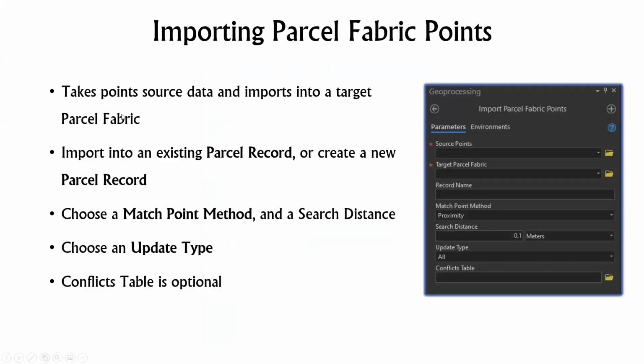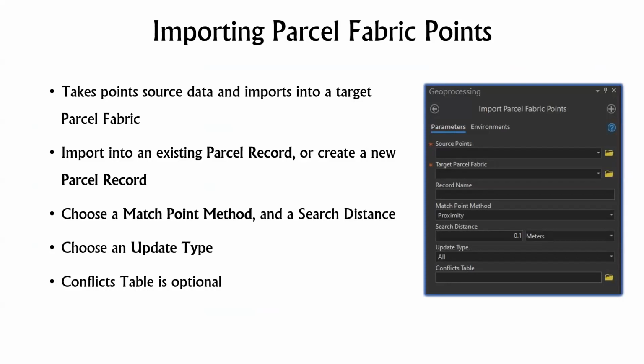So how do you import points such as control points into the parcel fabric? There is a geoprocessing tool that will do just that. This tool takes source point data and imports into a target parcel fabric.